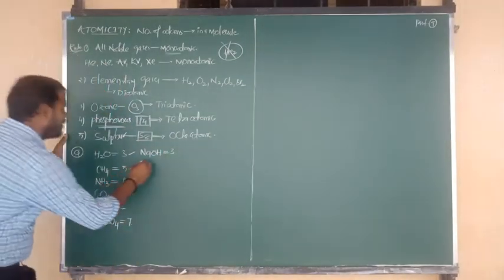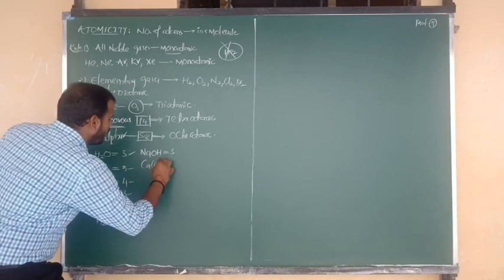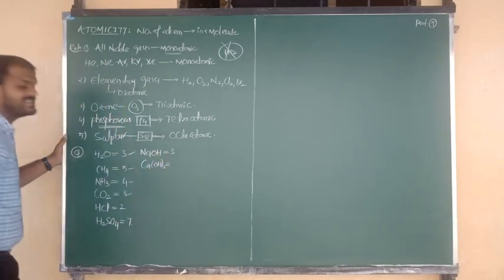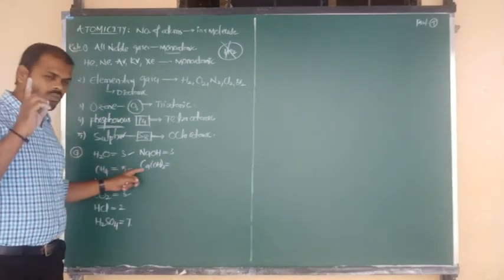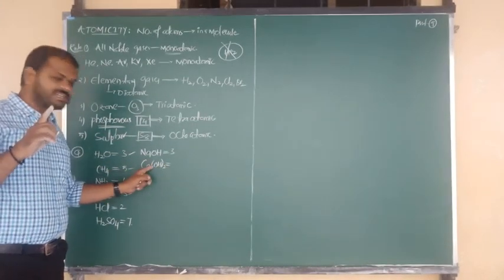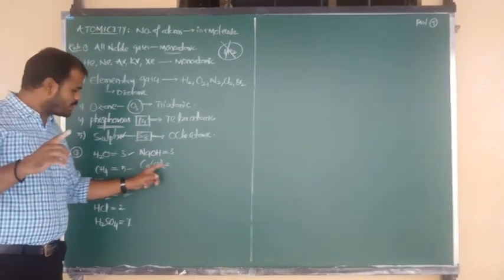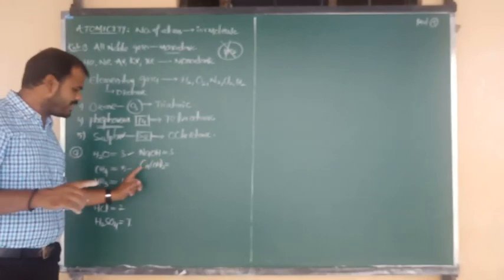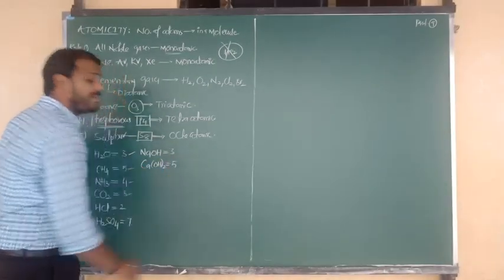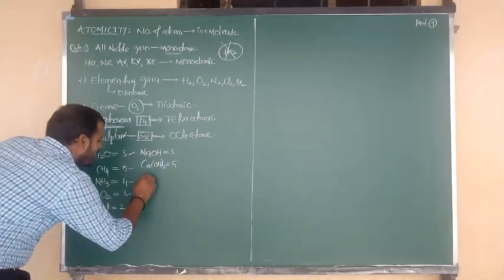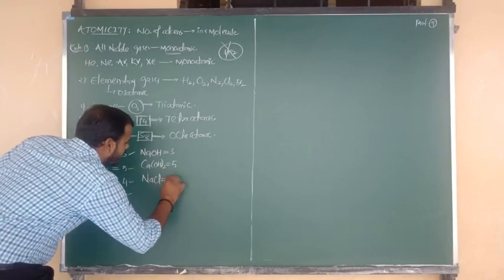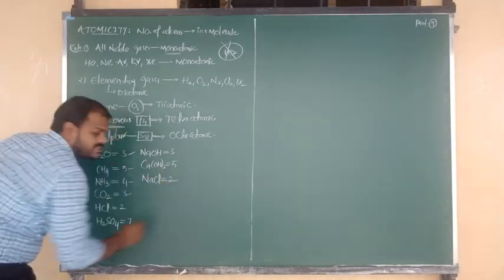Next is Ca(OH)2, calcium hydroxide. 1 calcium, 2 oxygen, 2 hydrogen, total is 5, pentaatomic. Next is sodium chloride: 1 sodium, 1 chlorine, atomicity is 2.